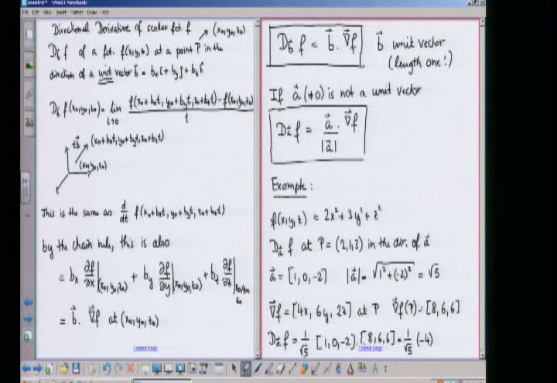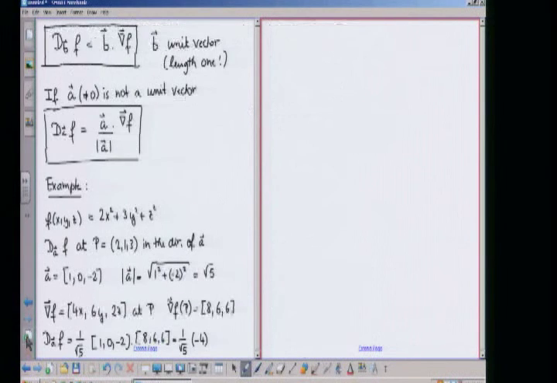Because you can say that the largest directional derivative will always occur in the direction of the gradient, and the smallest will always occur in the direction of minus the gradient. And I will explain to you why, okay? So this is one of the two fundamental properties I would like to discuss about what you can do with a gradient, okay? So there are two fundamental properties.